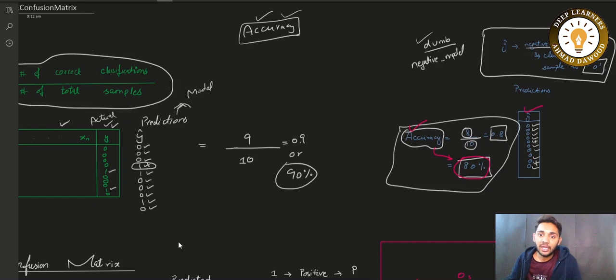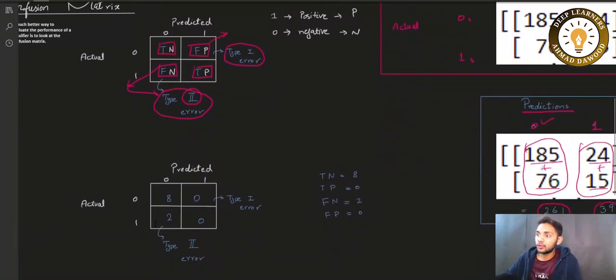It means that according to accuracy it is a good model, but when you see this dumb negative model in the form of a confusion matrix, according to the confusion matrix, your model has made all predictions as negative. There is no prediction by the model as a one class. All the predictions your model has made are as a zero class.